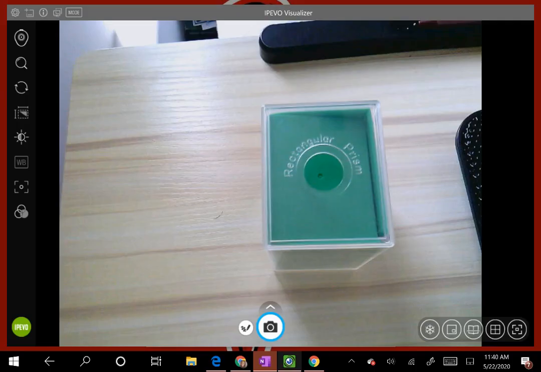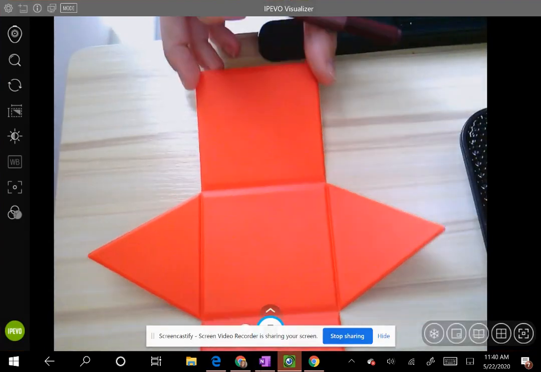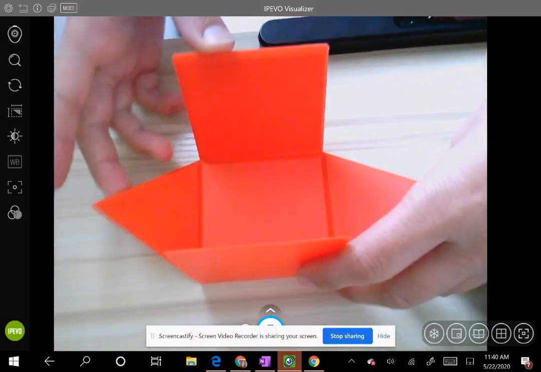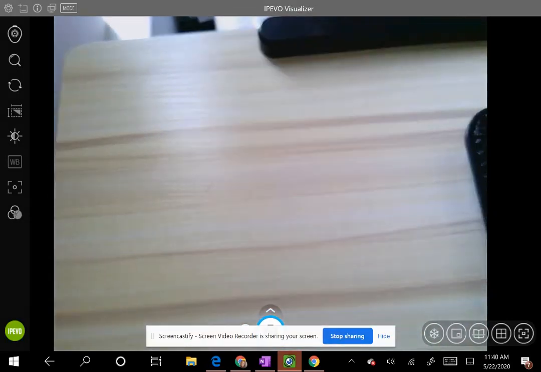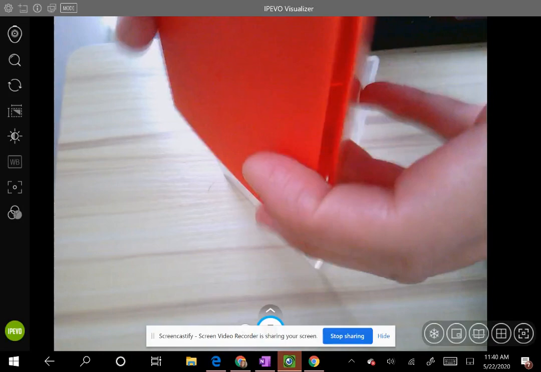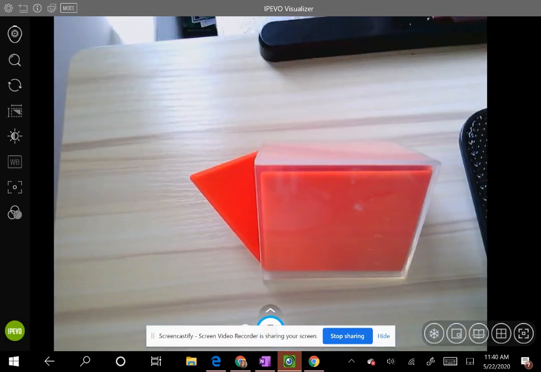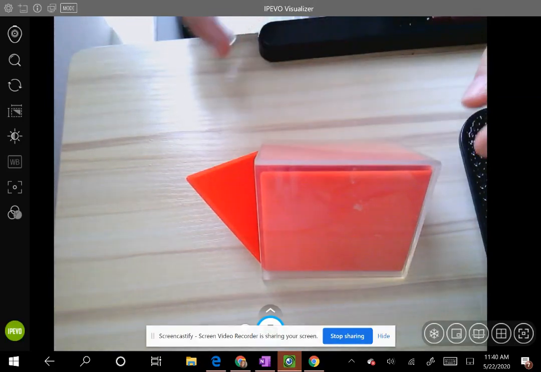And lastly, mine's a little different. If I fold this up, I have a triangular prism.